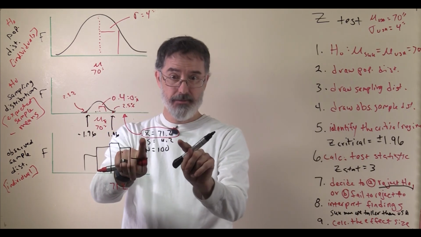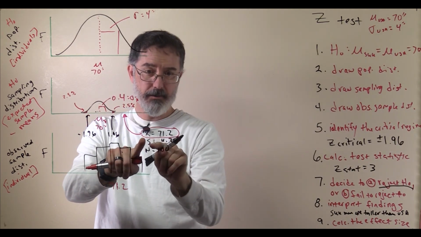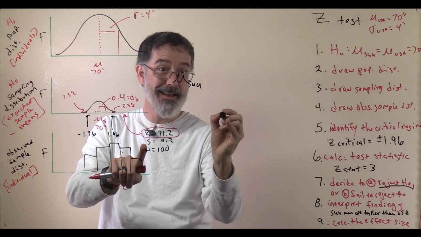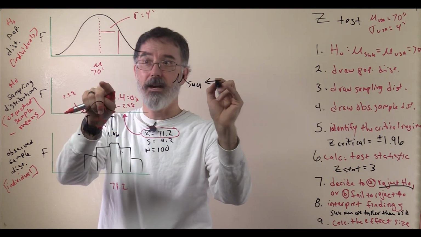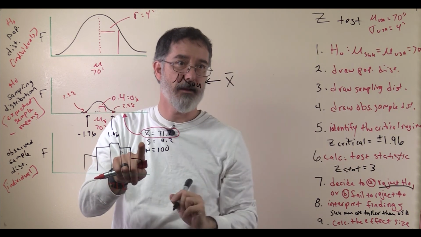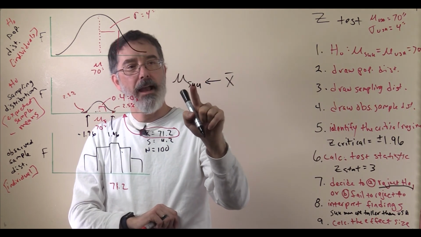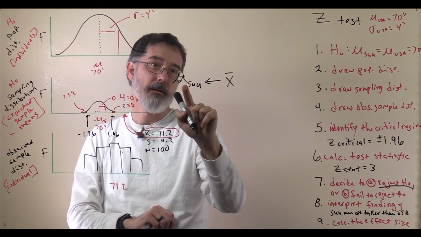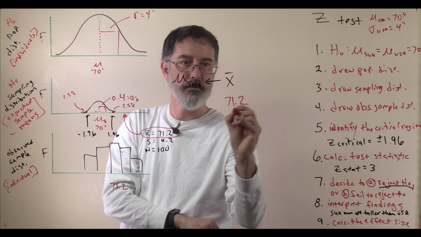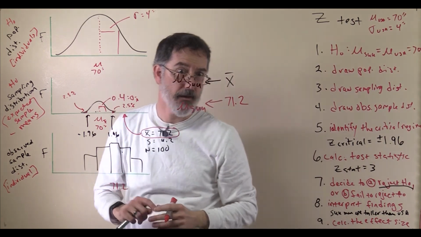Our best guess of SUU men's mu, their population mean, now that we've decided it's not 70, is that it's the same as our sample mean. So we're going to use our sample mean to estimate our population parameter. Our sample mean was 71.2, so we're going to guess that's what the mean of SUU student men's heights is. It's our best guess.